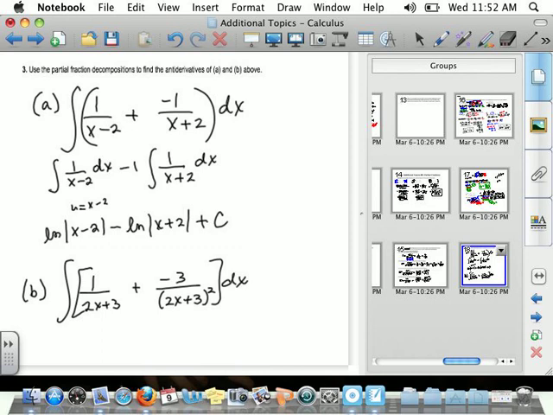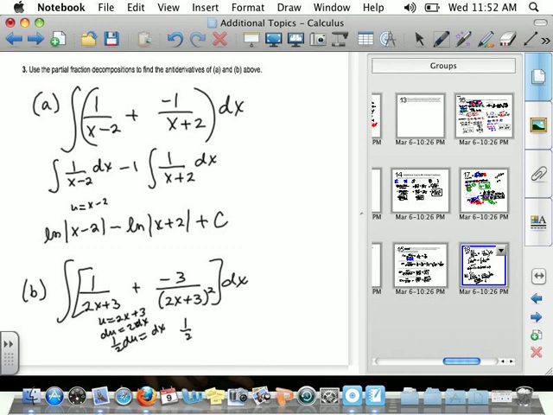Okay, now this one, break into two pieces. This one you could let u equal 2x plus 3. So du is 2 dx. So that means 1/2 du is equal to dx. Okay, so on this first integral, you would have 1/2.